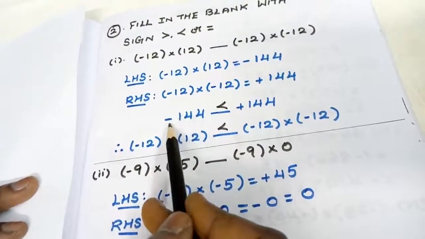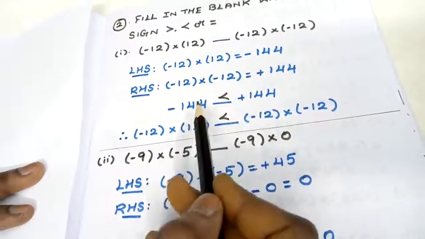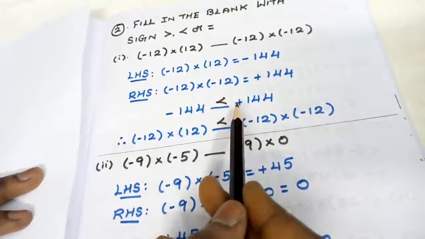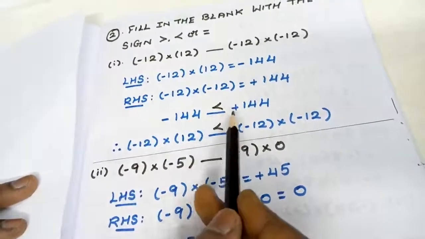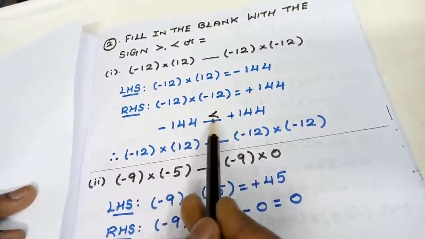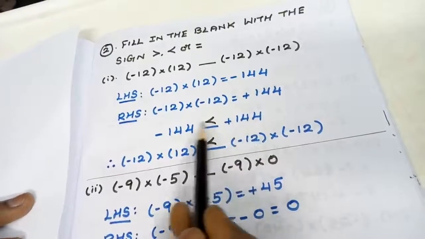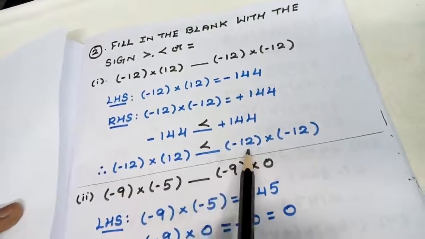Whenever you compare positive and negative, the positive value is going to be greater. So from this I can tell that minus 144 is less than plus 144. In place of the blank I am going to replace the sign and write it here, students.